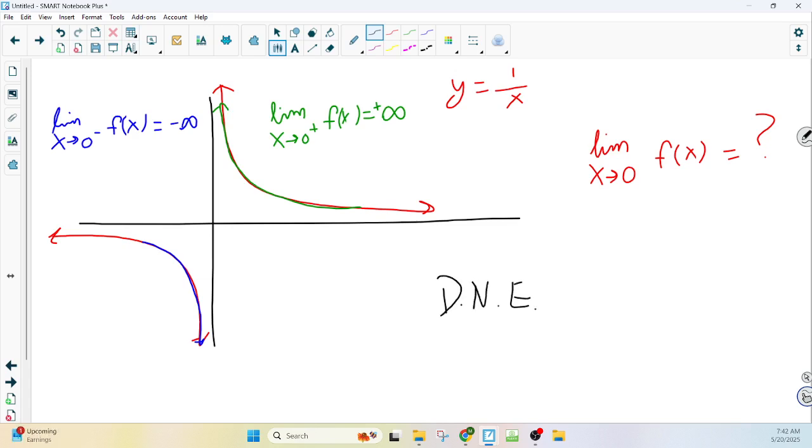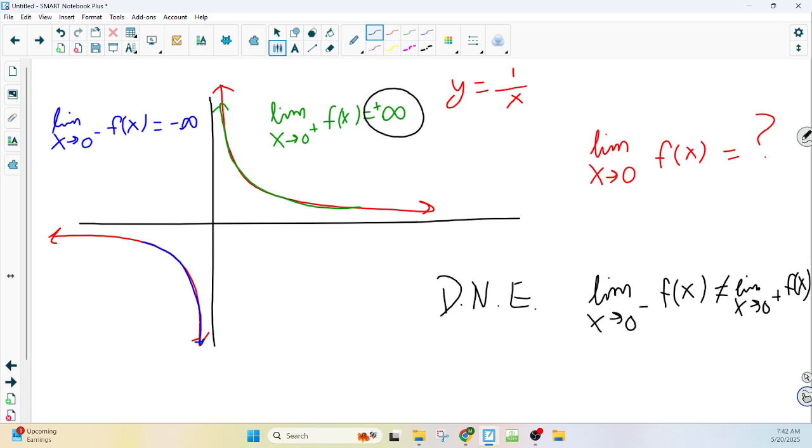The reason that I would say it doesn't exist is actually because the limit from the left doesn't equal the limit from the right. So I would say DNE, the limit as x approaches 0 from the left does not equal the limit as x approaches 0 from the right, because this doesn't match that.